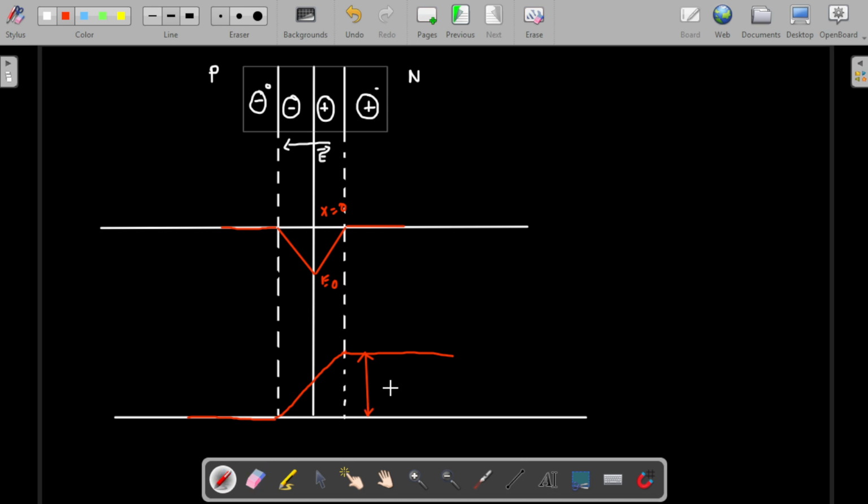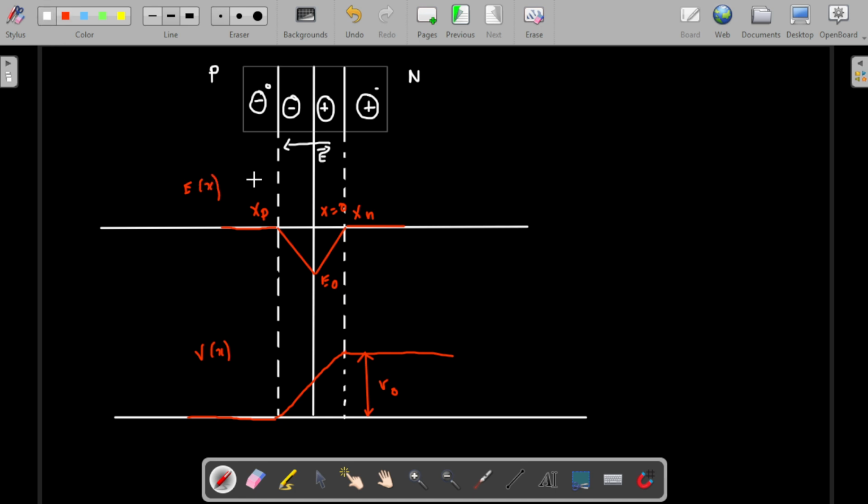I will show how to calculate the value of V naught in the upcoming lectures. So this is xn and this is xp. This is how we can draw the electric field and voltage curves, V of x and E of x. I hope it's understood, right?